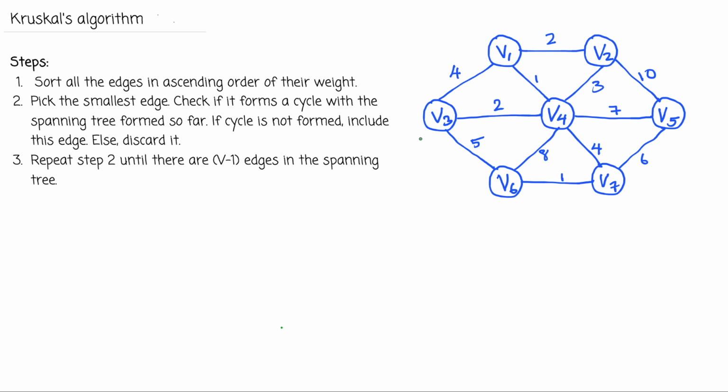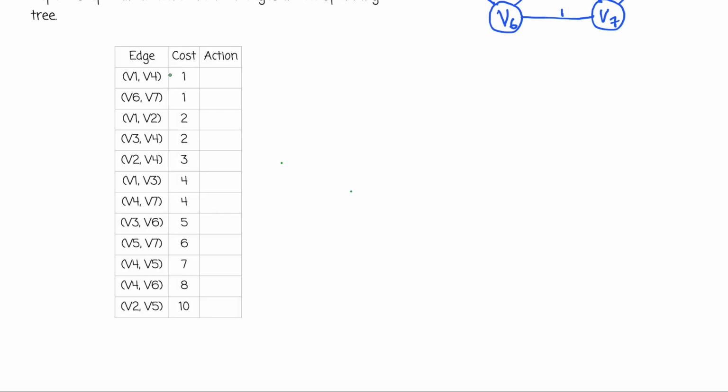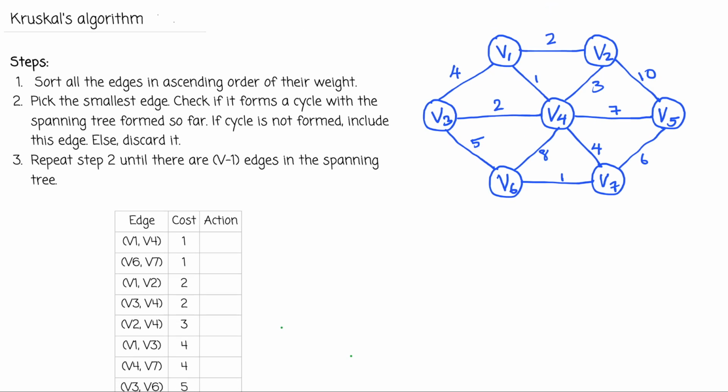Now here I have shown a table which lists the cost and the edges in the ascending order. I'll be utilizing this table in order to run the steps. We will be filling this column in order to indicate whether an edge is accepted or not. So let me take this graph a little bit down.